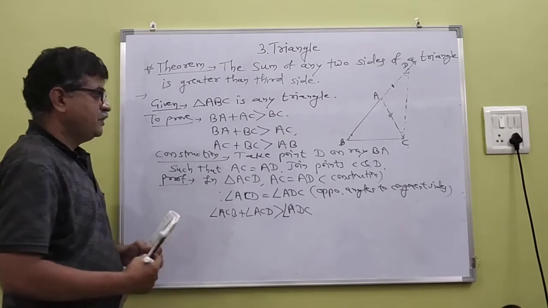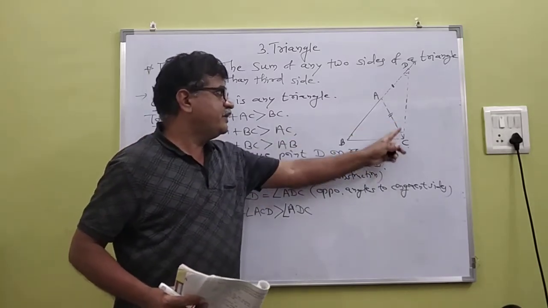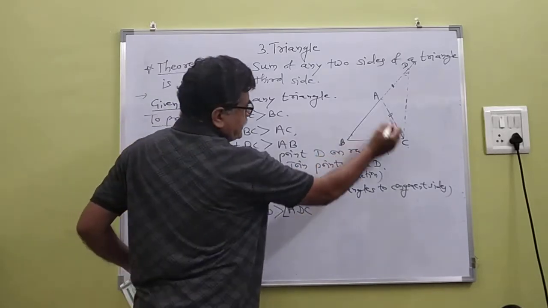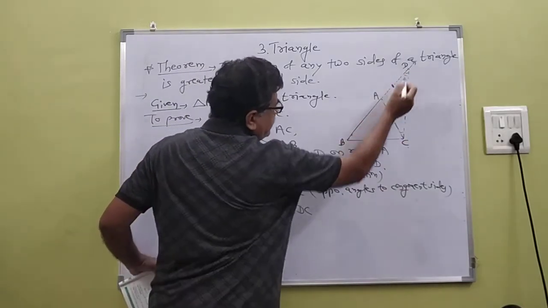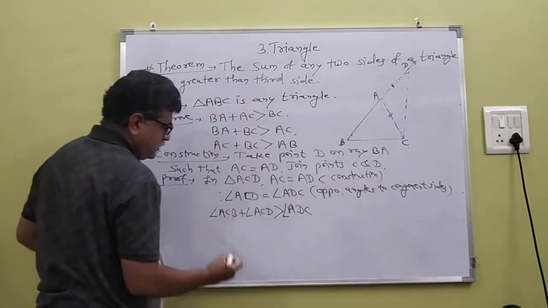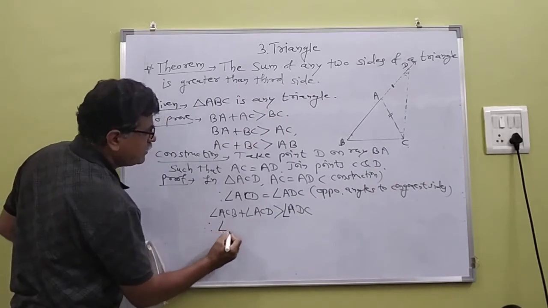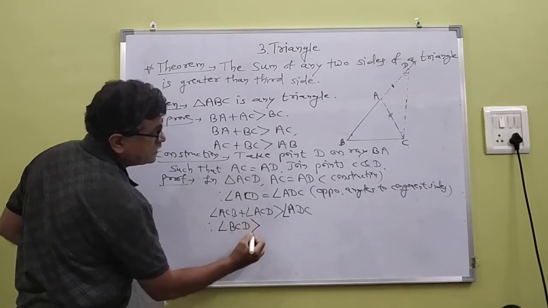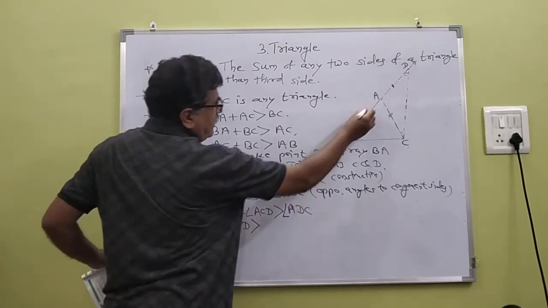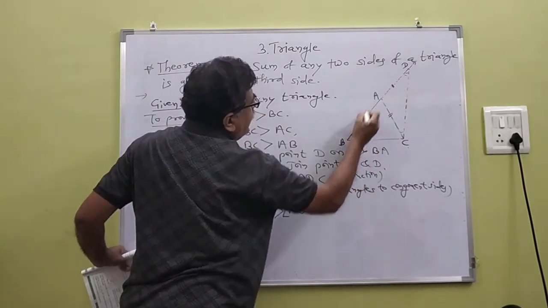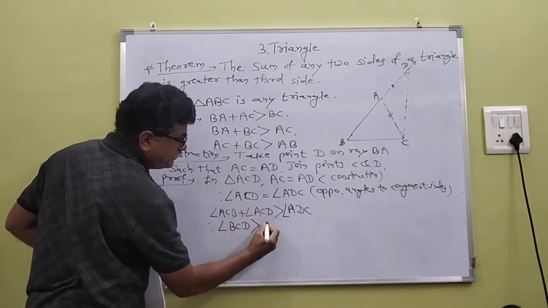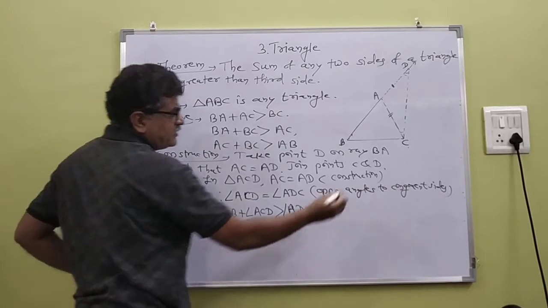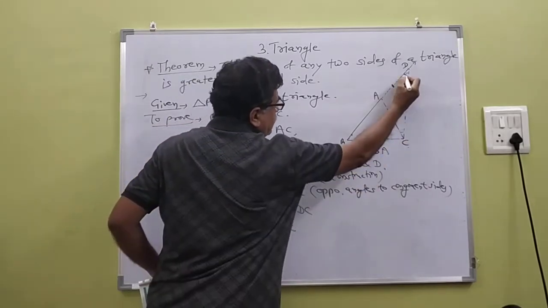Sum of these two angles is greater than this angle. Now we can write ACB plus ACD as BCD. Therefore, angle BCD is greater than angle ADC, written as angle BDC. That is, this angle is greater than this angle.